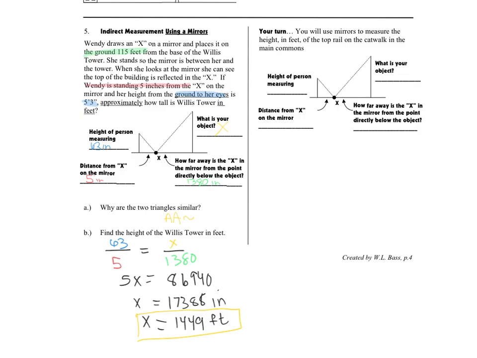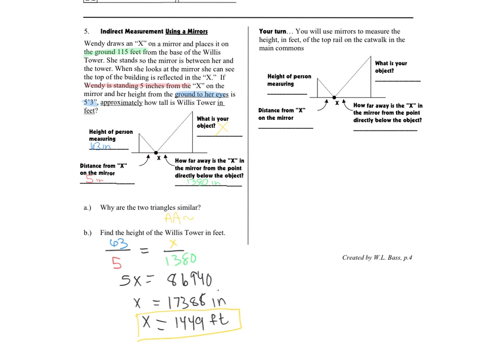All right, the next type of measurement we're going to look at is indirect measurement using mirrors. We're back at the Willis Tower. It says Wendy draws an X on a mirror and places it on the ground 115 feet from the base of the Willis Tower.